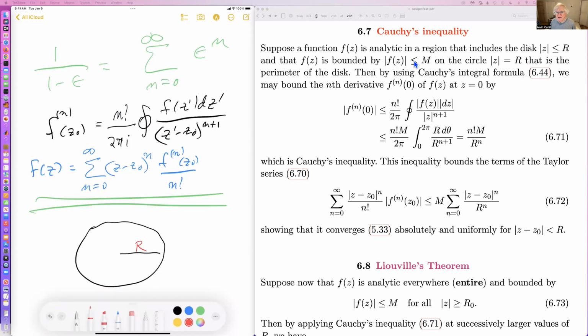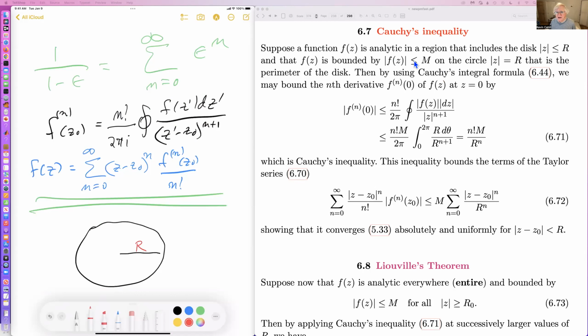So on this circle, this inequality holds. So then what we do is we imagine this whole thing is analytic in a region. So we have a region of analyticity that includes all of this.